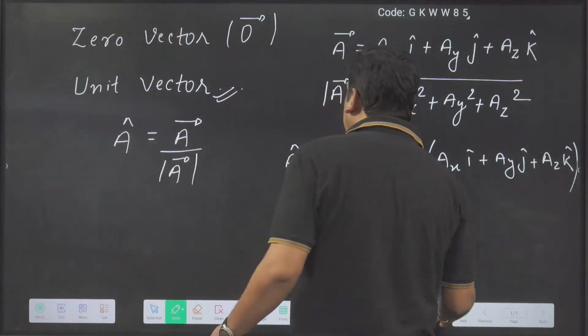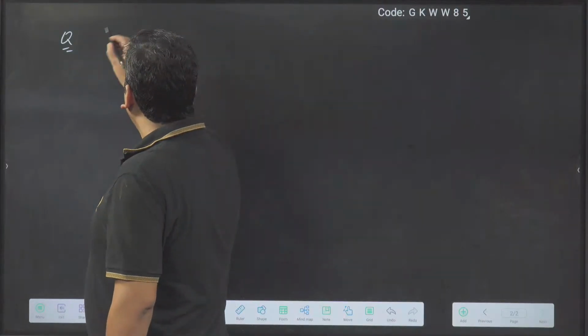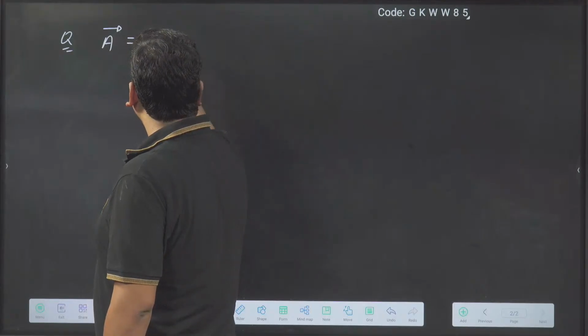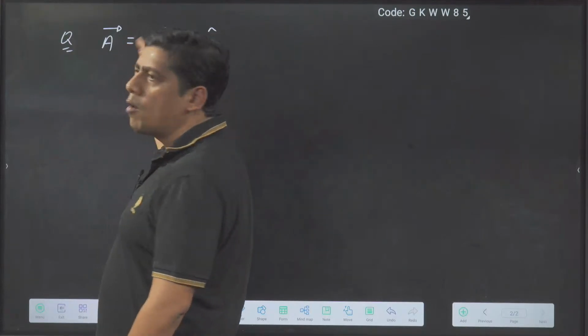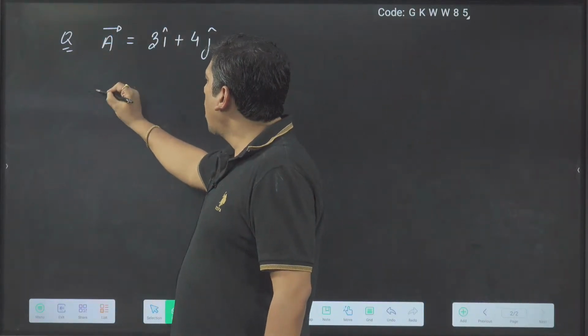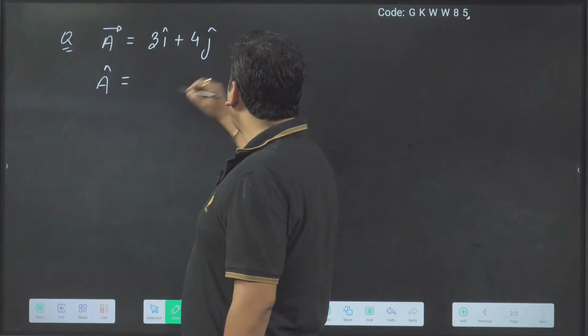If you want an example, let's say a vector is written as 3i cap plus 4j cap, quite common because its magnitude comes as an integer. So how to write a cap? First of all, find the magnitude.